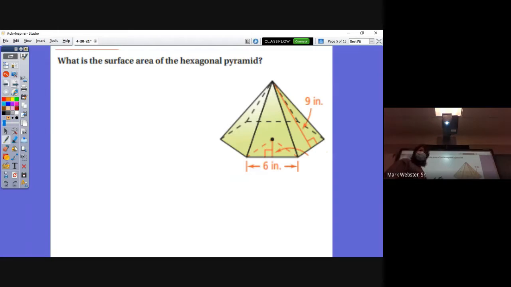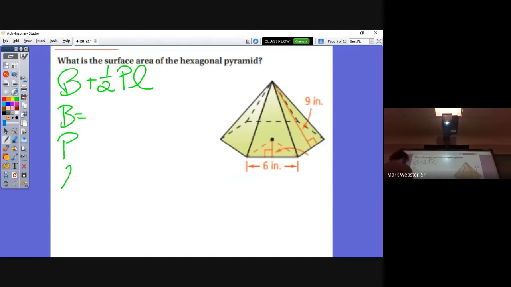All right, so let's go ahead and figure out the surface area of this hexagonal pyramid. Just like what we did before, we're going to figure out the area of the base, perimeter of the base, and the slant height. So area of the base, perimeter, slant height.